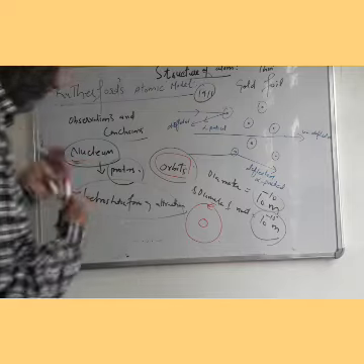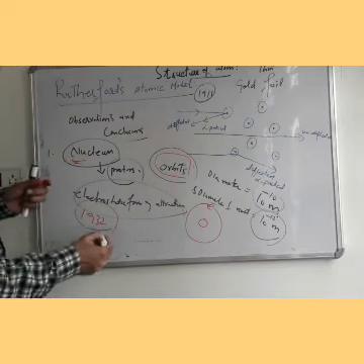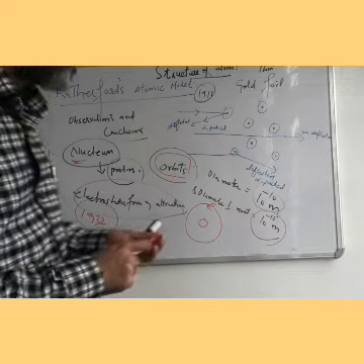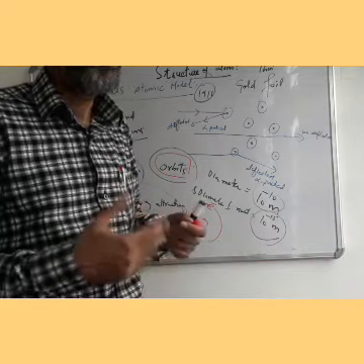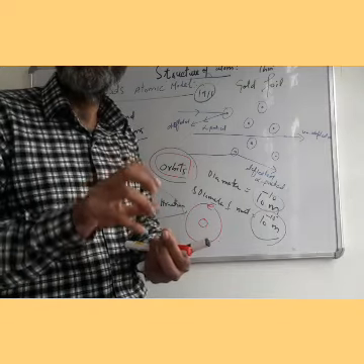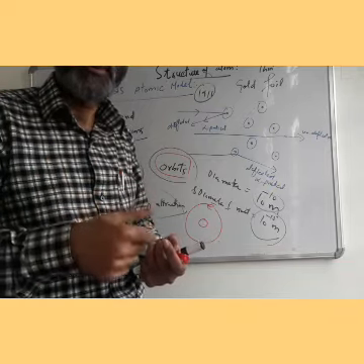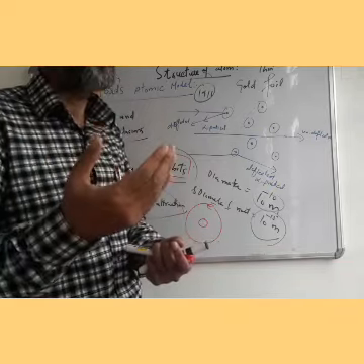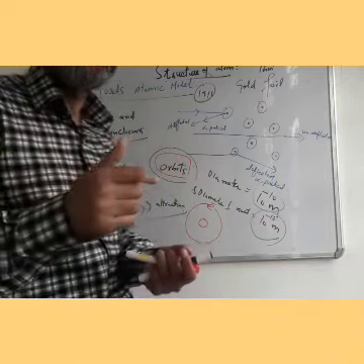After the discovery of the neutron in 1932, this model was a bit modified. What is the modification? The nucleus contains two particles, protons and neutrons. Protons have positive charge, whereas neutrons have no charge.